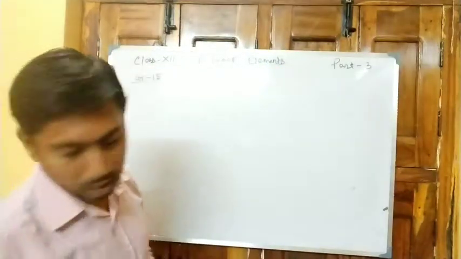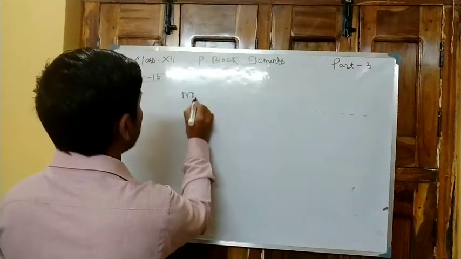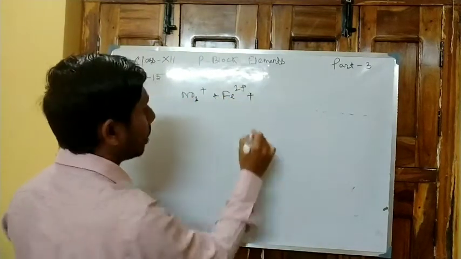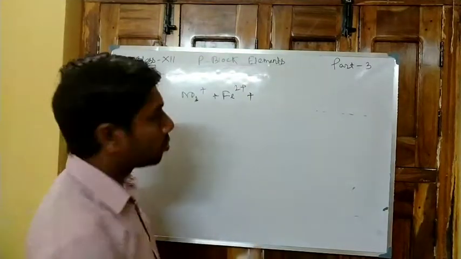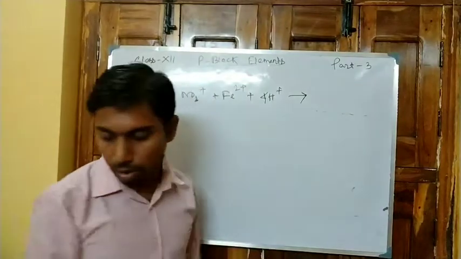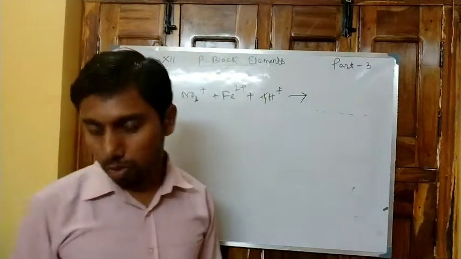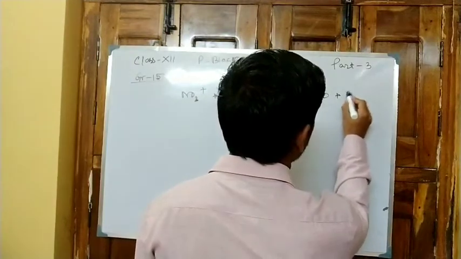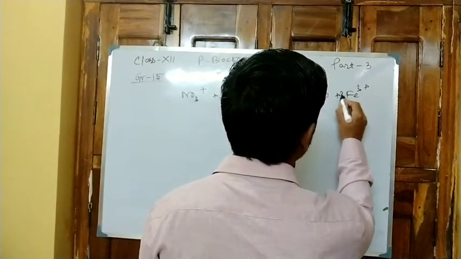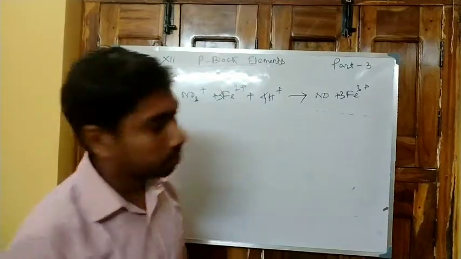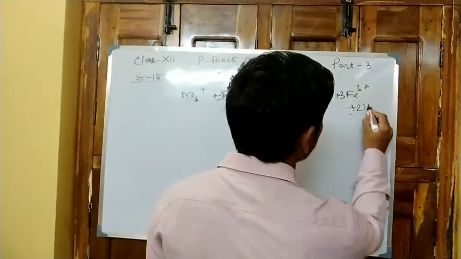The reaction is NO3 minus plus Fe2 plus plus SO4 2 minus or 4H plus, that is from H2SO4, forming NO plus Fe3 plus plus 2H2O.